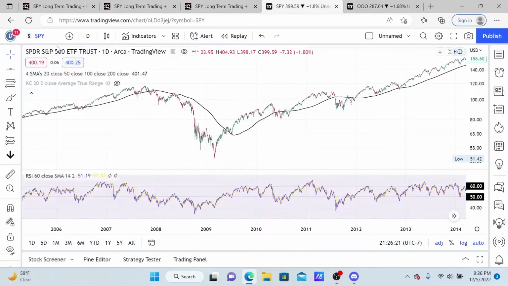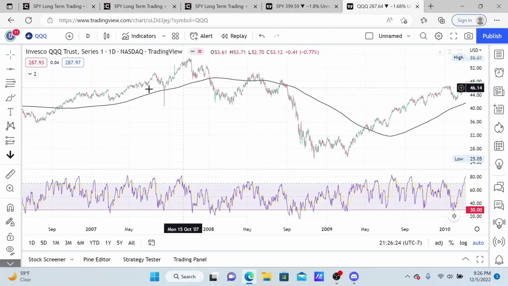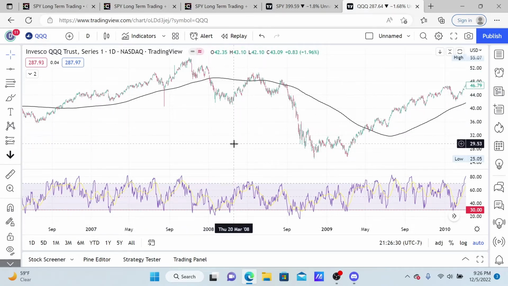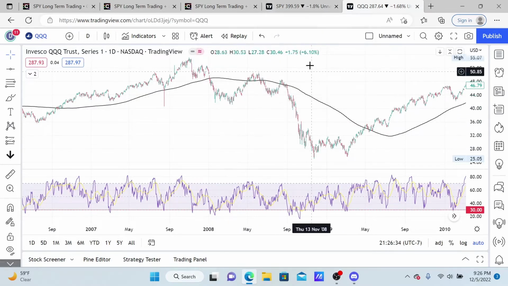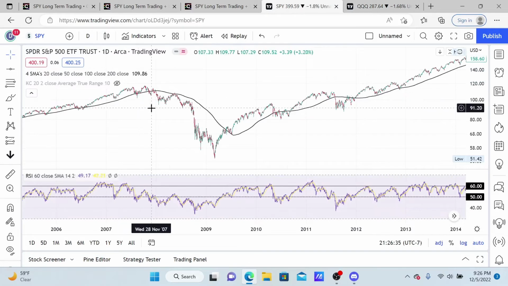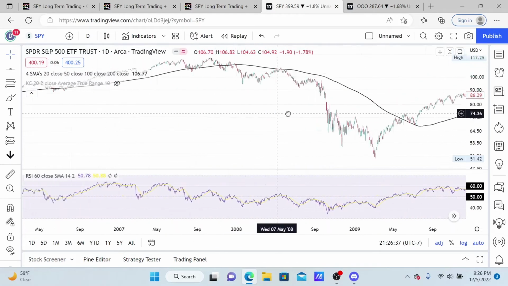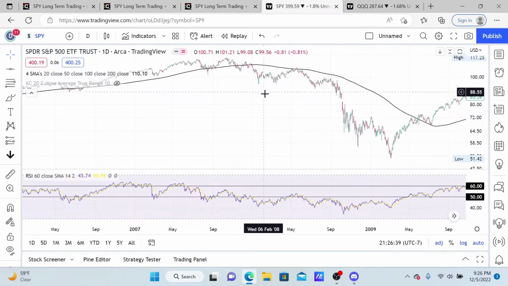So I have a chart here. This is the SPY, and then this is QQQ, which is a NASDAQ ETF. So what I like to do is buy dips on the NASDAQ when the S&P 500 is below its 200-day moving average.